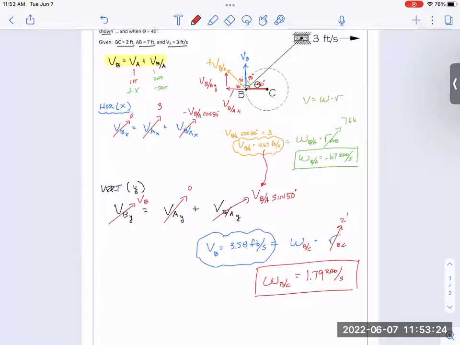Isn't this cool? You probably can't do it on your own. But that 1.79 right there, remember 6.28 is 1 lap, so this is like a third of that. This is like a third of a lap in 1 second, roughly, a third of a lap in the circle. That's got the car moving now. Isn't that cool that we actually turned linear velocity into angular velocity?